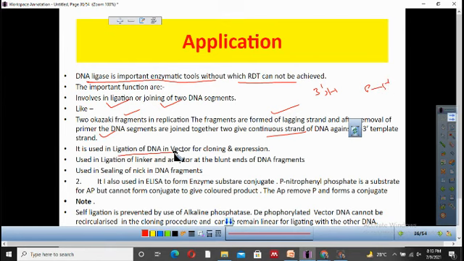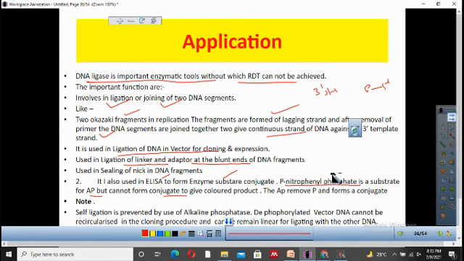It is used in the ligation of DNA in the vector for cloning and expression, and in the ligation of linkers and adapters at the blunt site of DNA fragments. It is also used in ELISA to form the enzyme substrate conjugate. For example, p-nitrophenyl phosphate is a substrate for alkaline phosphatase but cannot conjugate.